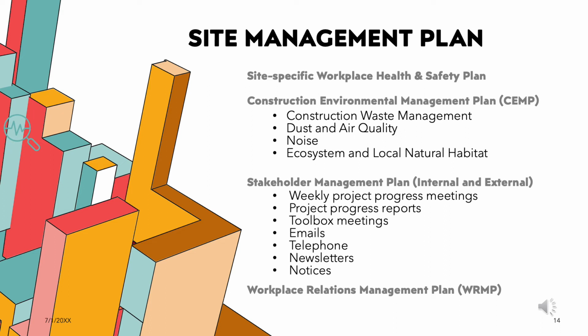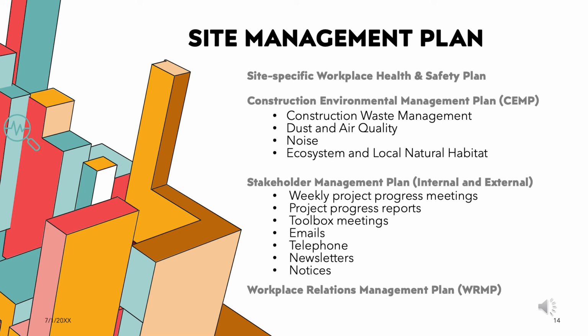These include a site-specific workplace health and safety plan, a construction environmental management plan, a stakeholder management plan, and a workplace relations management plan. The site-specific workplace health and safety management plan will identify specific risks and control measures. The construction environmental management plan will highlight approaches taken by the project to comply with environmental legislation and specific conditions.